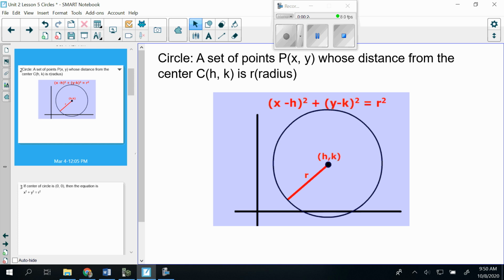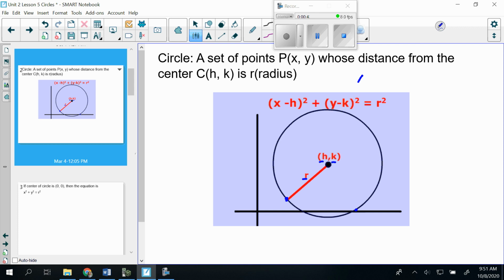And so if you've got a circle and (h, k), whatever those numbers might be, is the center, and r is your radius, the equation for the circle is a set of points who all have the same distance from the center.